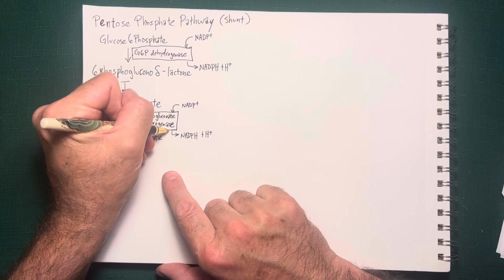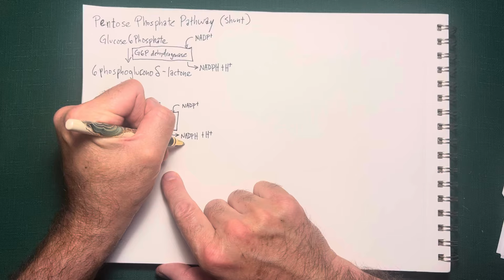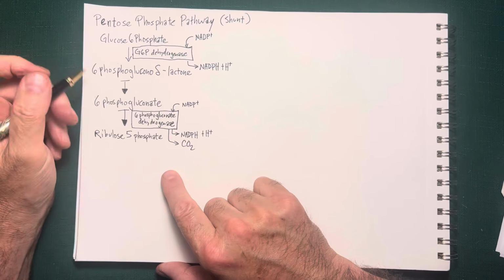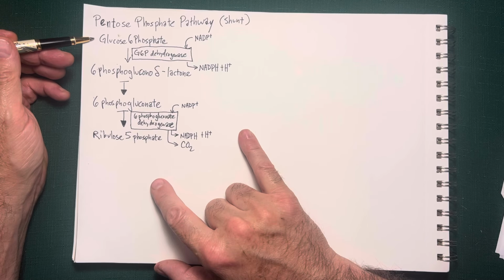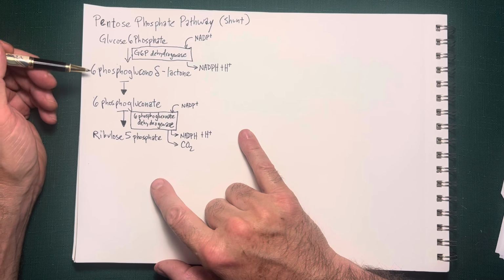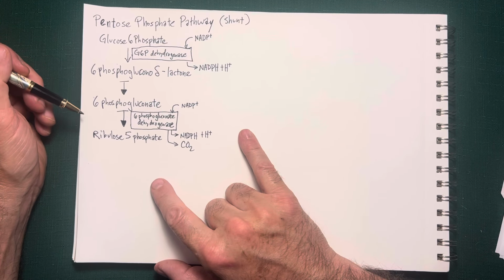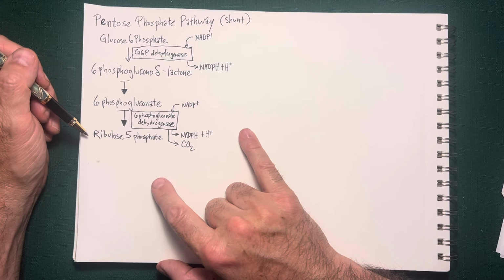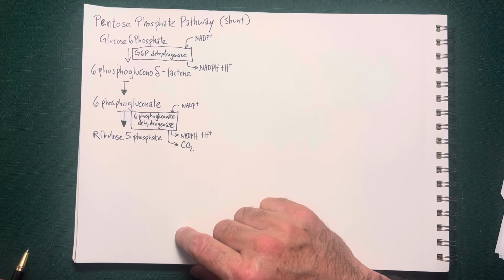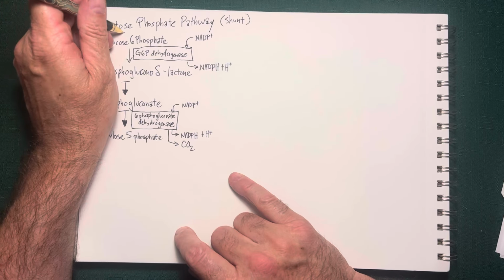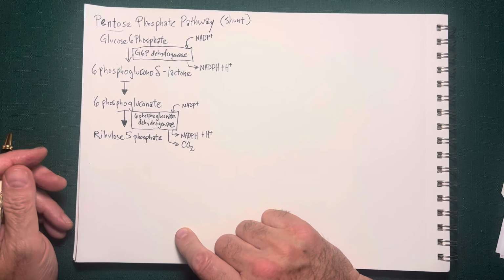And we're also going to release a molecule of carbon dioxide. So we start with a 6-carbon sugar, convert it into a couple of other 6-carbon intermediates, and then we end up with a 5-carbon sugar, which is ribulose, and that would be our pentose.